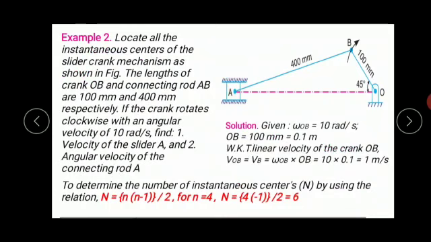Once we have completed the sketch, draw it neatly and clearly and mention all the parts with respect to the dimensions. We have the fixed link as link 1, the crank as link 2, the connecting rod as link 3, and the slider as link 4.